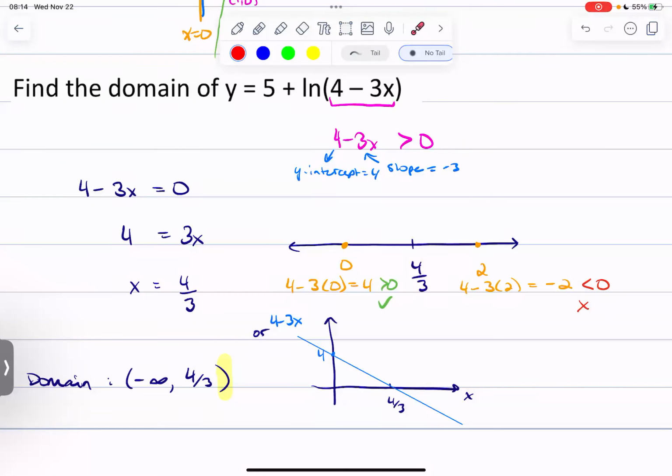Let's see here. You could do something sneaky and you could add 3x over here. You're saying if you wanted to work with this inequality?